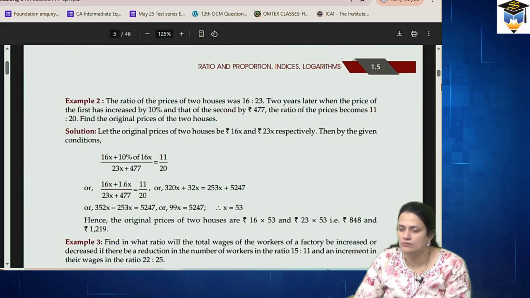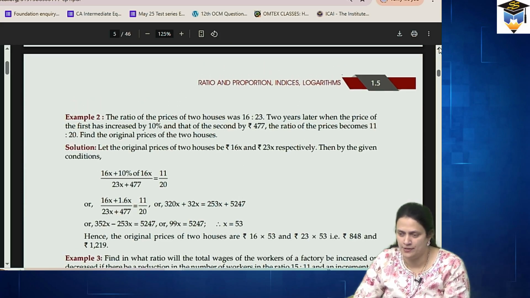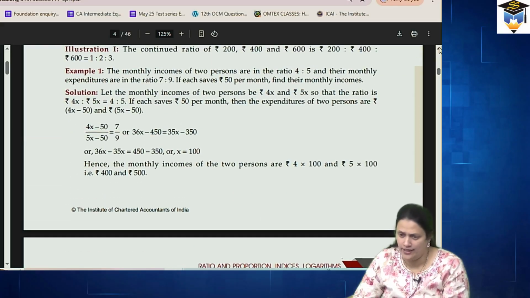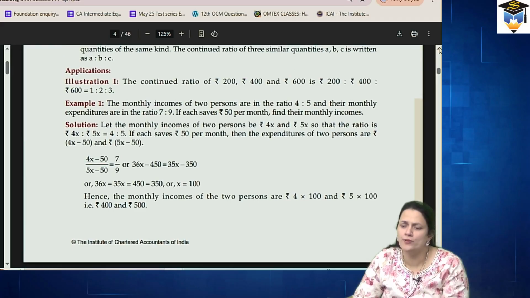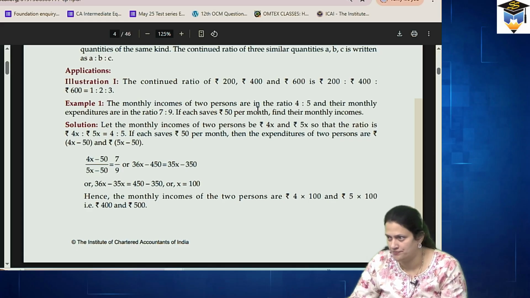Both these examples are important actually. Okay, write down example number 1. The monthly incomes of two persons are in the ratio 4:5 and their monthly expenditures are in the ratio 7:9.